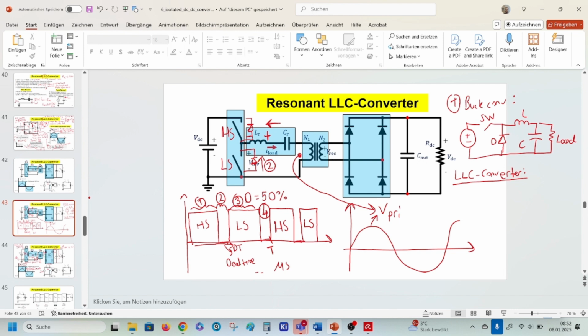How? We have a DC input voltage, and we have an upper side, high side switch, and then we have also a low side switch with an anti-parallel diode.